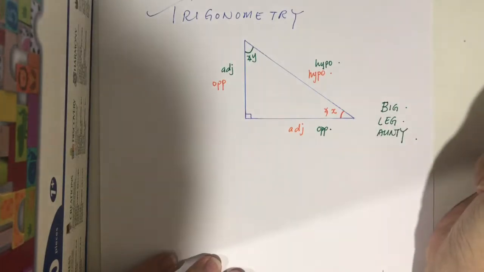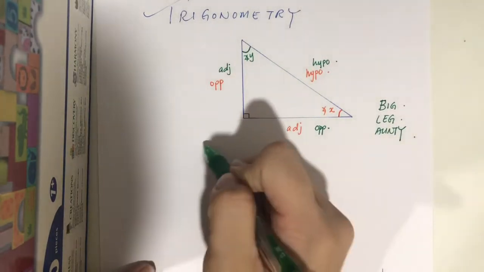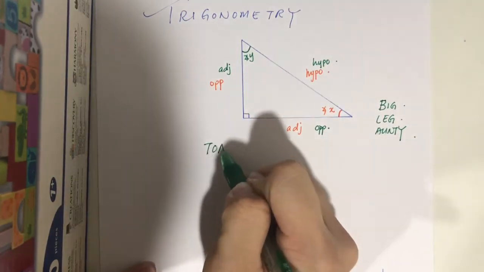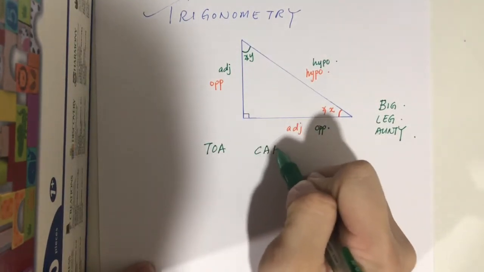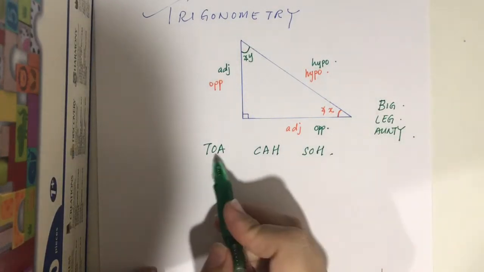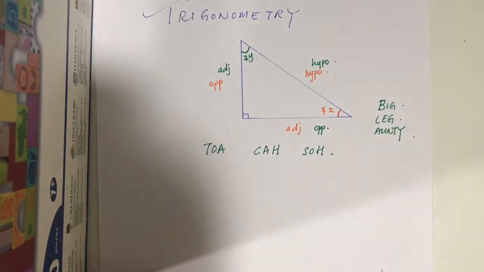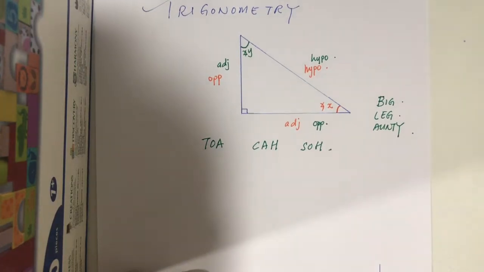Why is that so? Because in Hokkien we call it Tua Ka So. In short, Tua is big, Ka is the leg, So is the auntie. So it's a very big leg auntie.